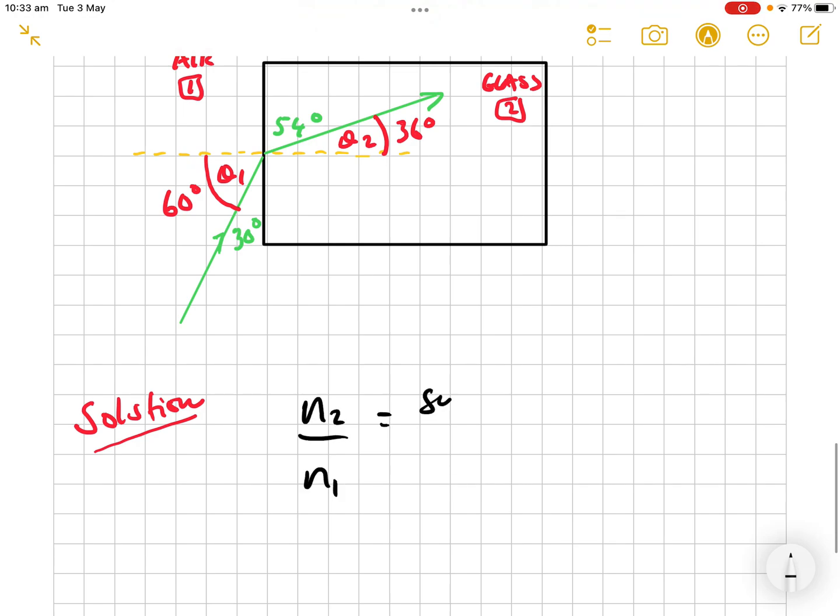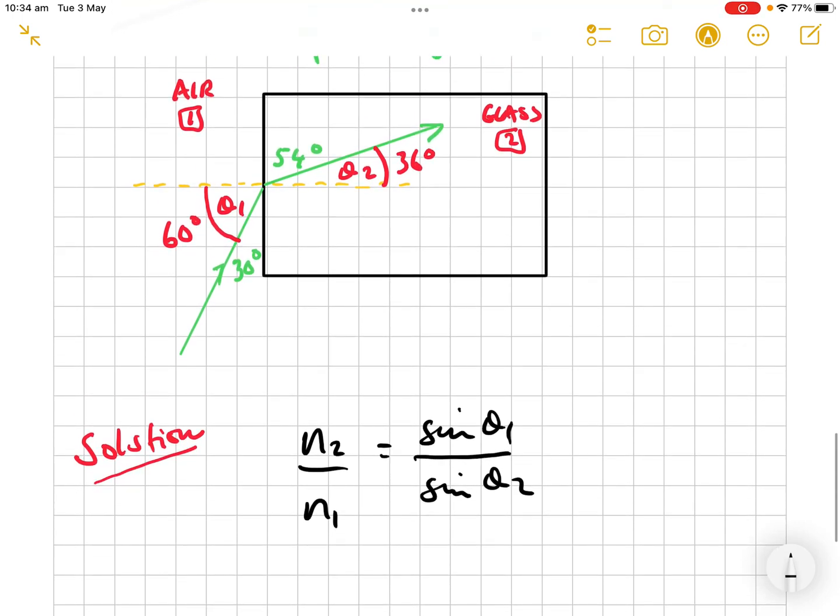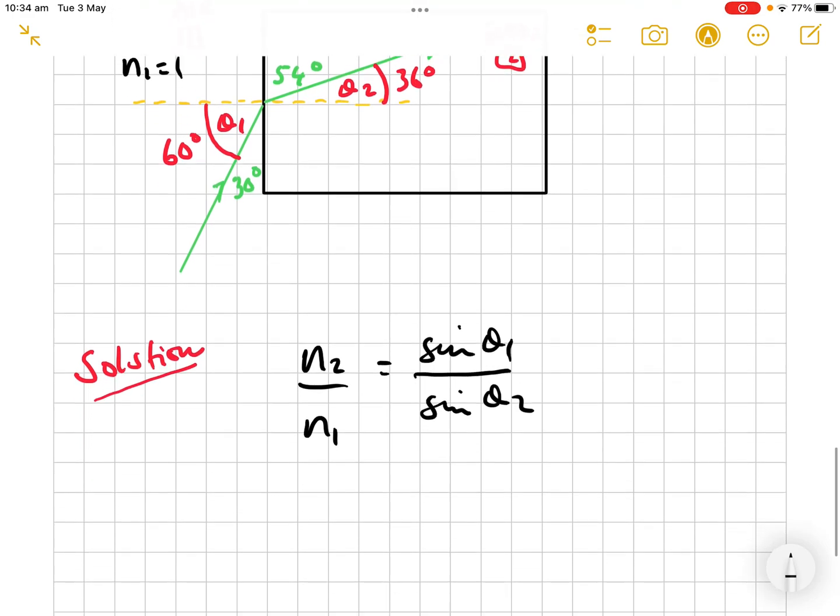N2 over N1 is sine theta 1 over sine theta 2. N1 for air, of course, can be taken as 1. So that leaves us with N2 equals the sine of theta 1, which is the sine of 60.